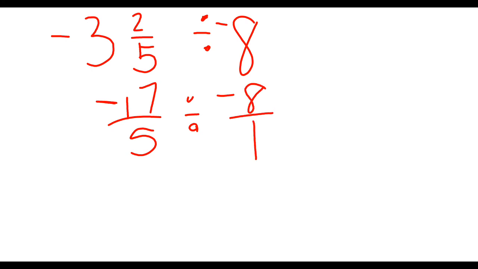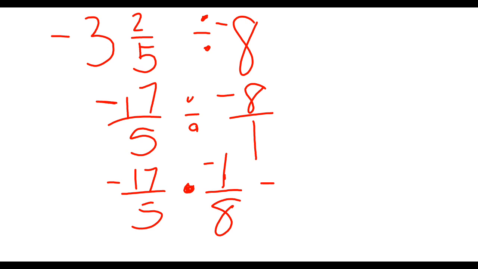Then I'm going to invert and multiply. So I'm going to keep the first number, change to multiplication, and I'm going to invert or flip the second number. So this is going to become 1 over 8.